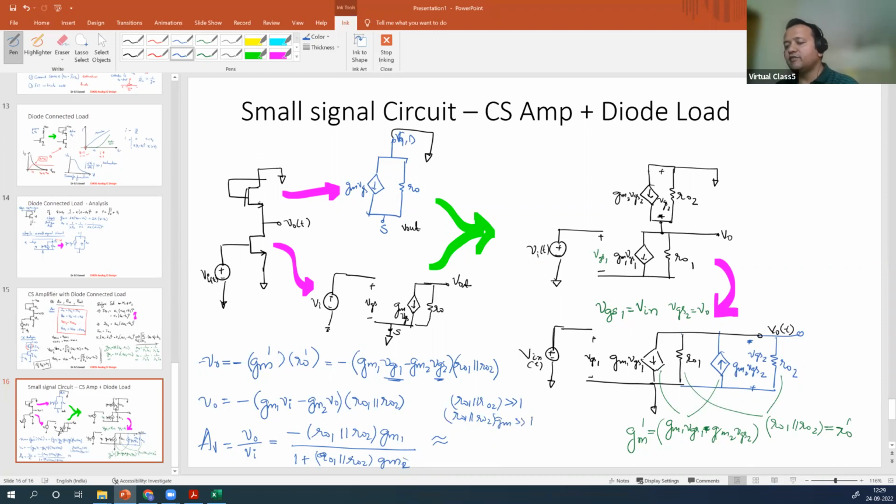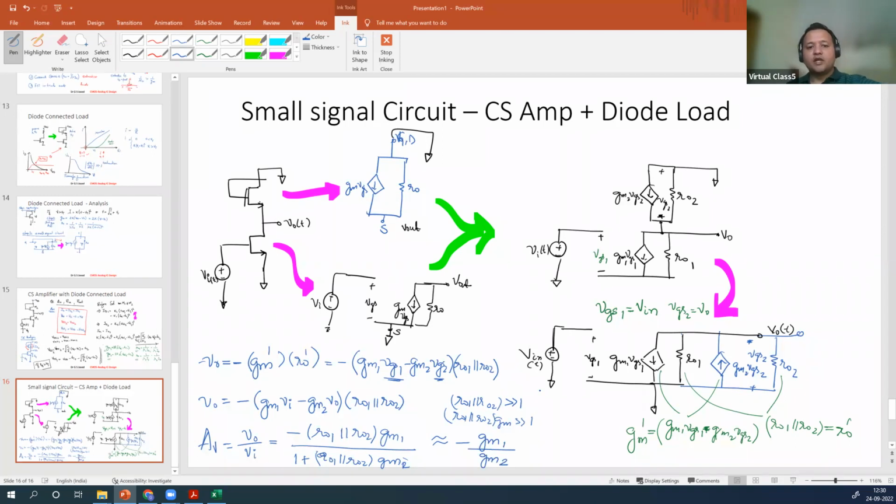Then this denominator effectively becomes R01 parallel with R02 times GM2. Numerator we will have R01 parallel with R02 times GM1. So this effectively becomes minus GM1 by GM2.